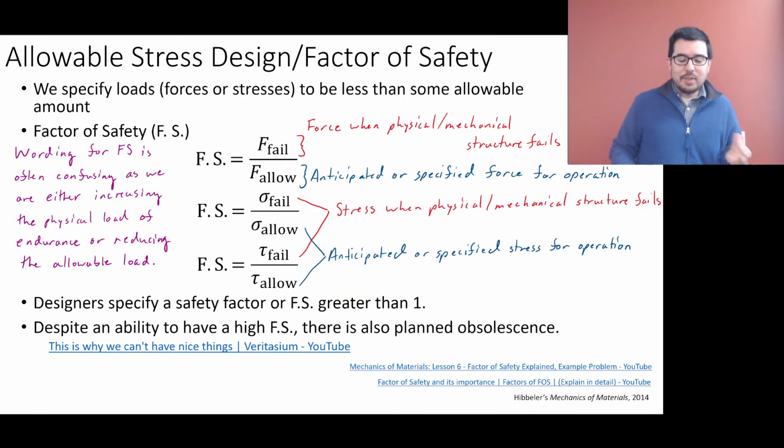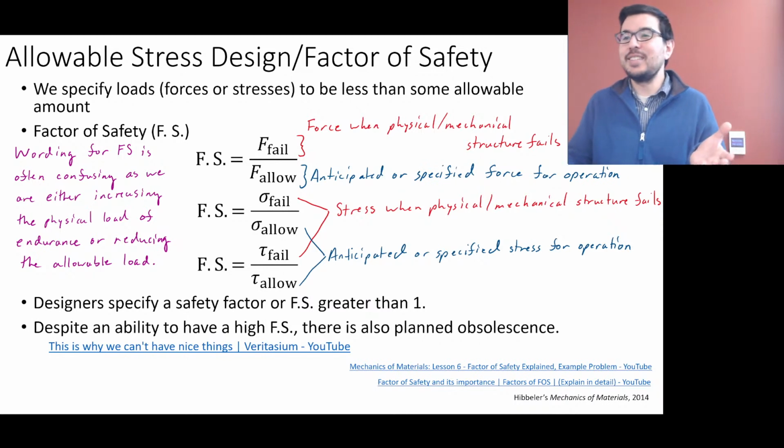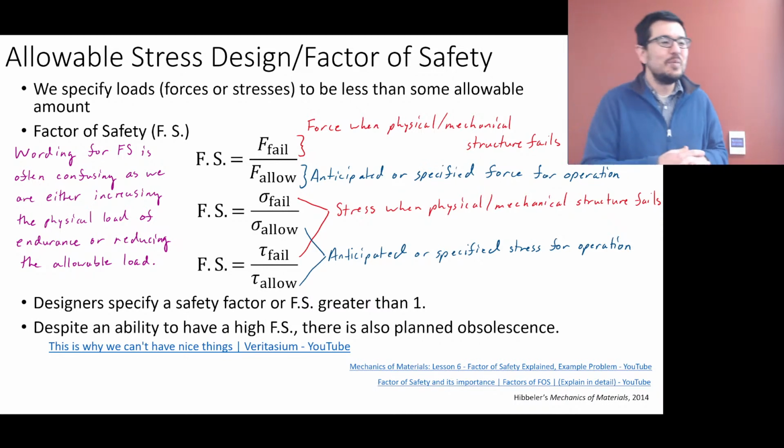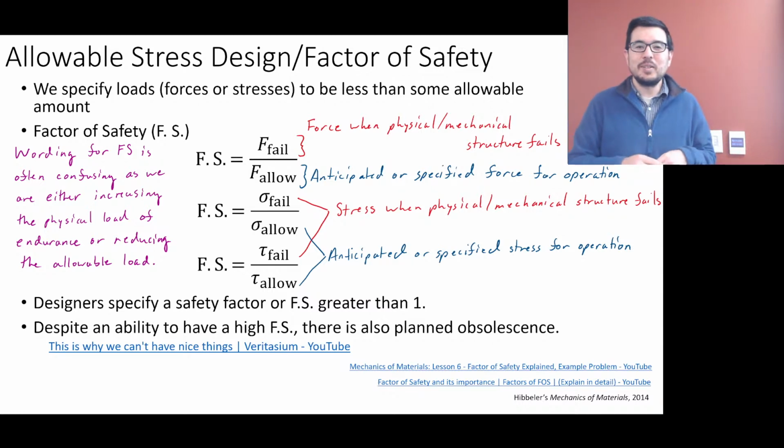Now, if anyone watches Veritasium, I think I'm allowed to admit that I like Veritasium. There's a good episode that describes what's called planned obsolescence or dynamic obsolescence. And you're probably familiar with this.